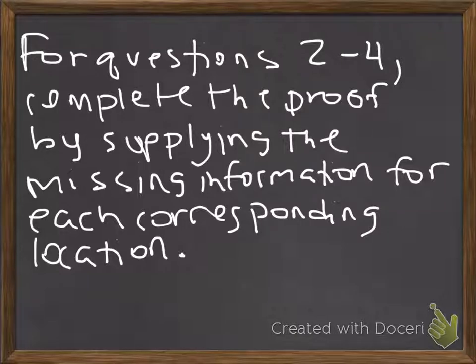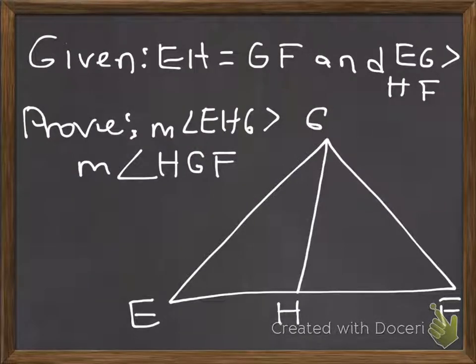Here we're filling in the proof. So here's the start of the proof. You're given that EH is equal to GF, and EG is greater than HF. We're seeing if angle EHG is greater than HGF.